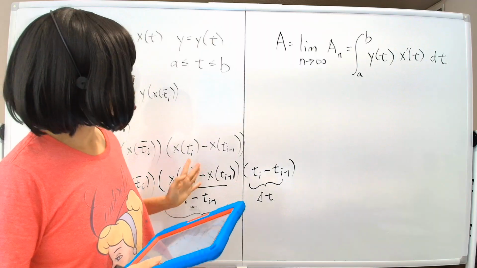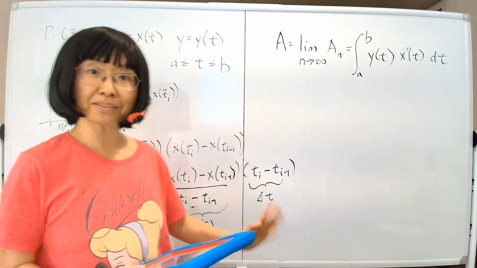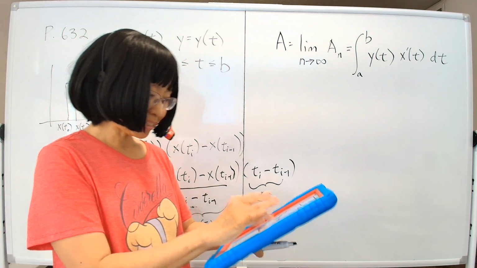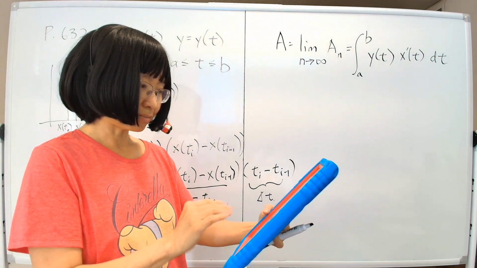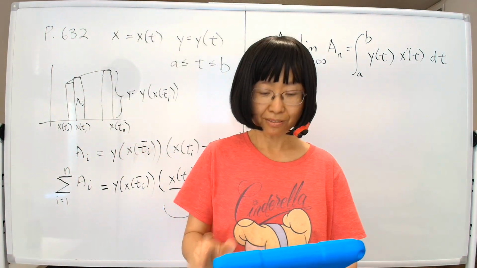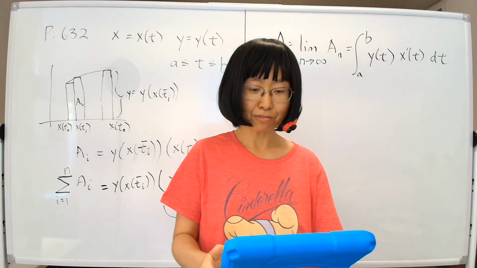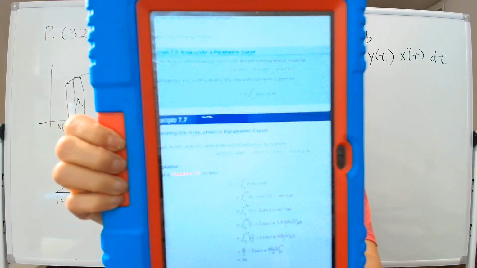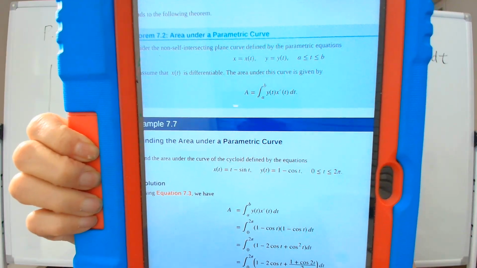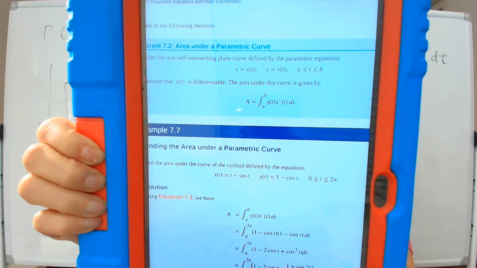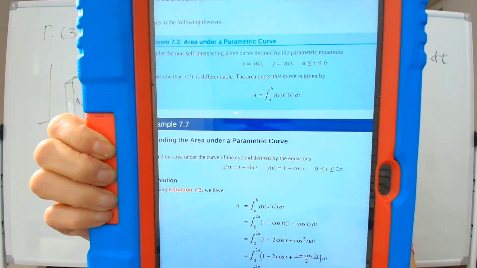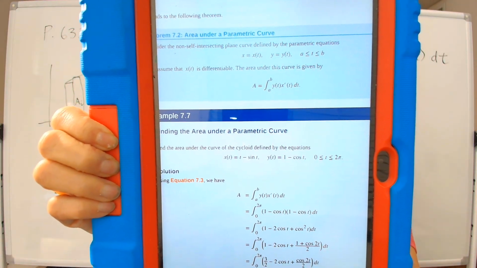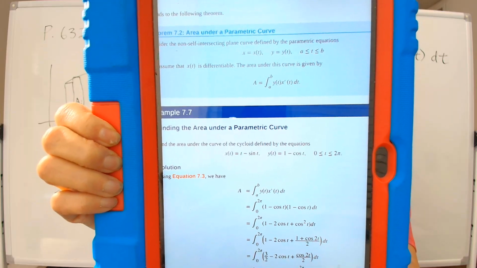And you can see that that's almost identical to how we do any other integral. So having said that, we're ready to use this thing for something. The area under a parametric curve: if you have x of t and y of t, where t goes from a to b, the curve has to be non-self-intersecting.